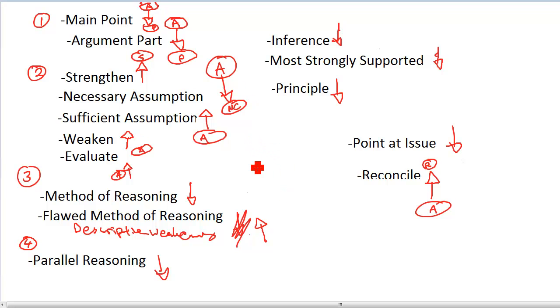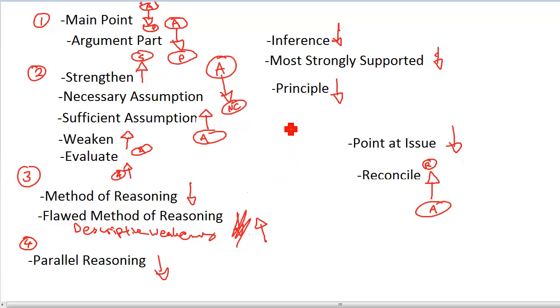I want to end this lesson on the same note that I began it on, which is stressing to you that it's not nearly as important to recognize these question stems and learn the differences between them as it is to actually understand the structure of the argument, to understand why the premises don't support the conclusion or why they do.